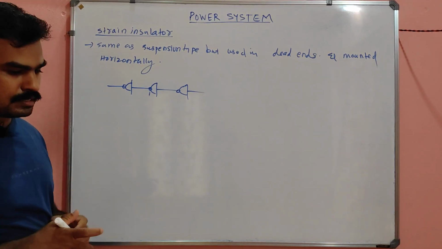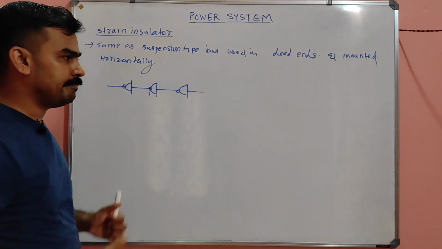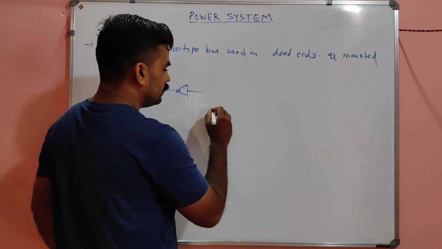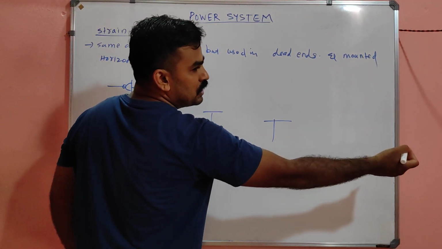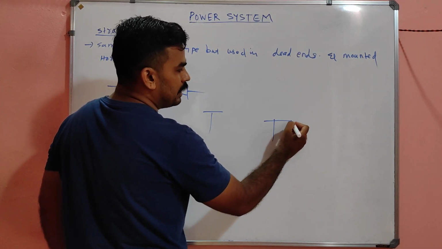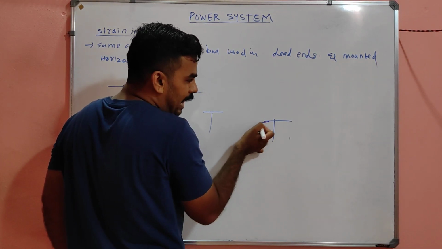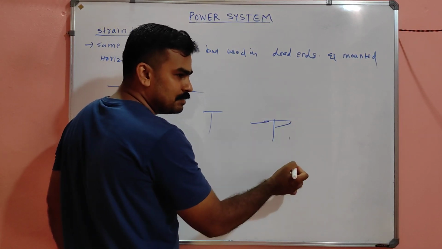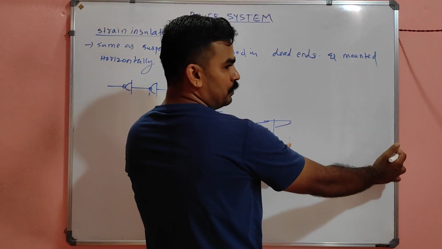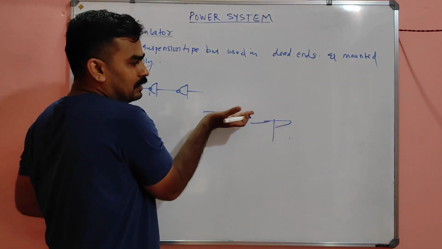Dead end means there will not be any transmission after that. Suppose this is one pole and this is one pole. There will not be any transmission line here, so we can't hang it like this. We can only hang it like this, because there is nothing here to support the hanging. You can only hang horizontally.